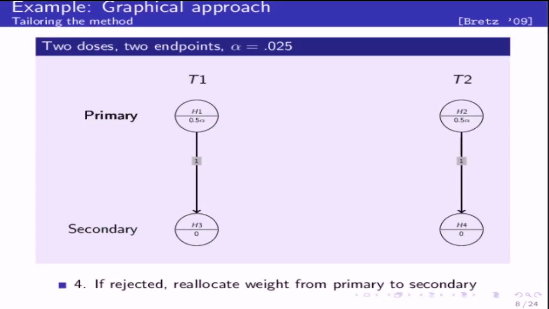Now, if a null hypothesis is rejected, we would like to reallocate the weight from the primary to the secondary endpoint, and this is now indicated by the edge, which goes, for example, from H1 to H3 or from H2 to H4. So this should indicate that as soon as the specific null hypothesis is rejected, we will give all the alpha to the next hypothesis.